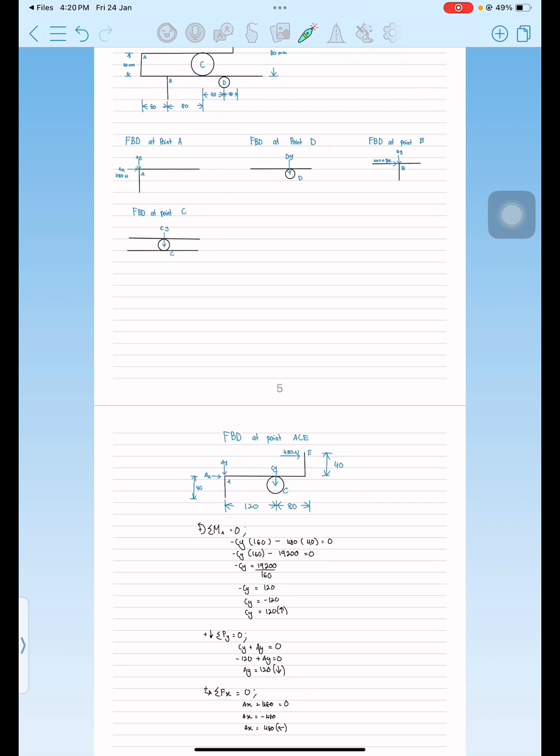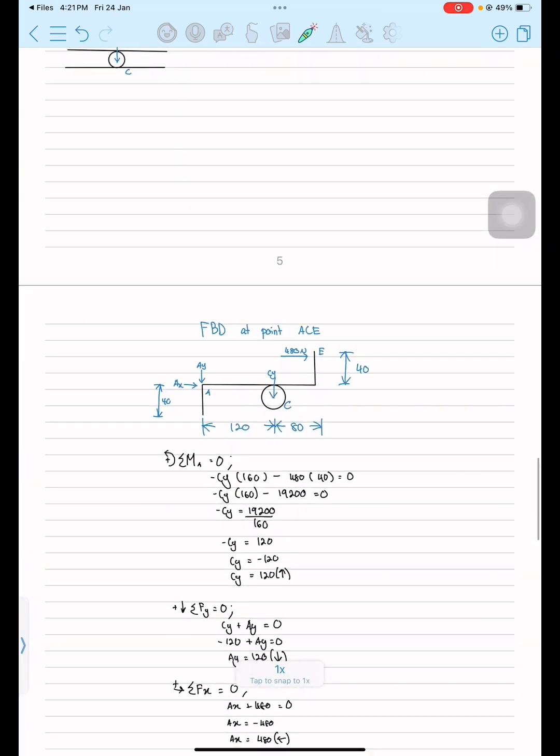equations of equilibrium, which are moment, Fy and Fx. From the free body diagram, I divide it into 2, which is the free body diagram at point ACE. From this free body diagram, I take the moment counterclockwise, from left to right.